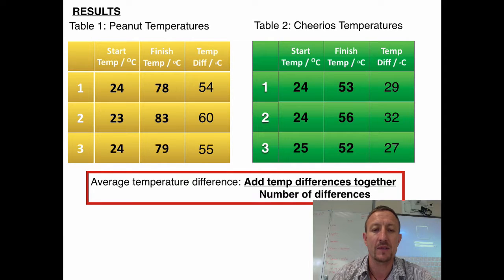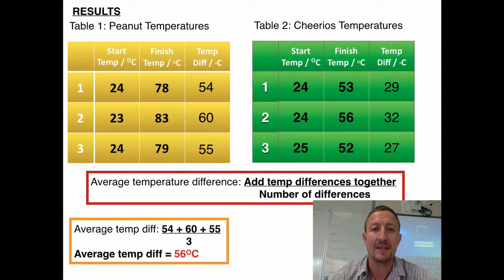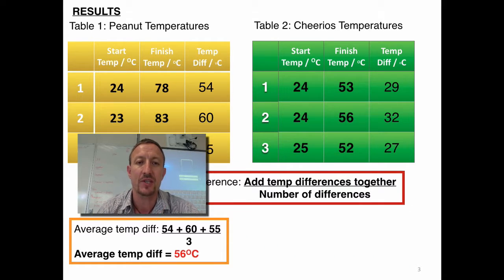So for peanuts, I would add 54 plus 60 plus 55, hit the equals on my calculator, and then divide by the number of temperature differences, which is 3. So 54 plus 60 plus 55 divided by 3, and I come out with an average temperature difference of 56 degrees C.